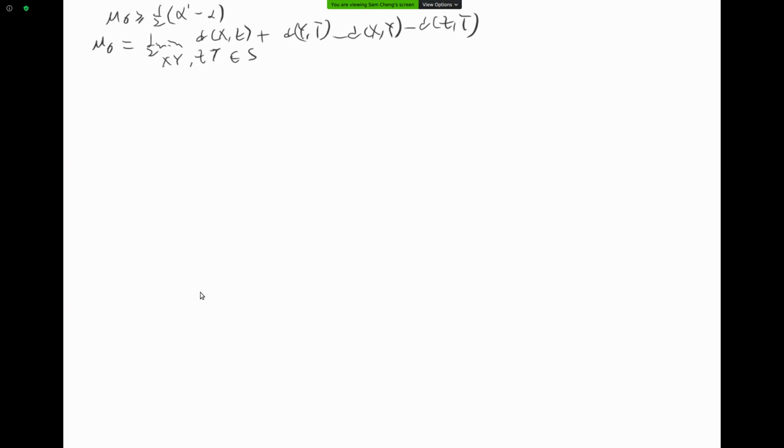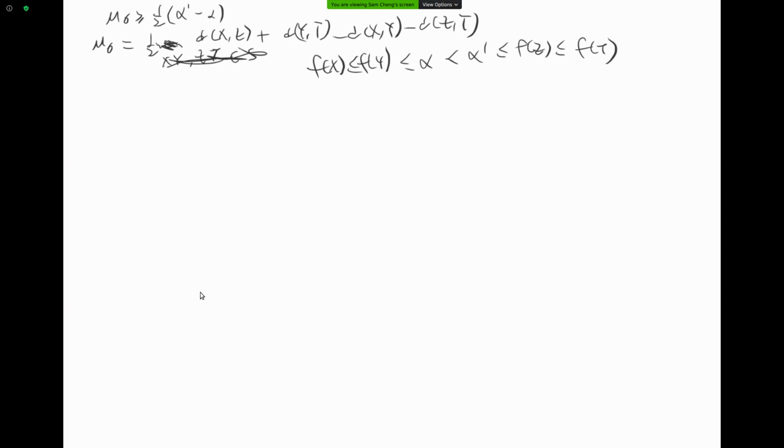Because these are arbitrary labels, we'll say that the x, y, c, t that actually reach this optimum are just x, y, c, t. First, I assume this is actually equal to x, y, c, t, and I also assume this is satisfied: f(x) is less than or equal to f(y), less than or equal to alpha, less than or equal to alpha prime, is bigger than or equal to f(c), less than or equal to f(t).